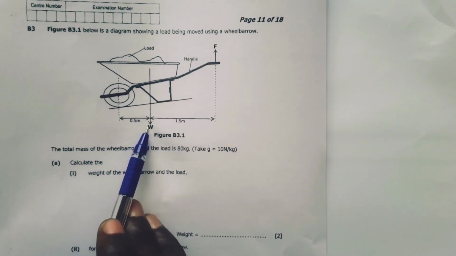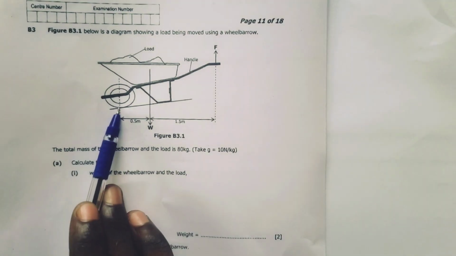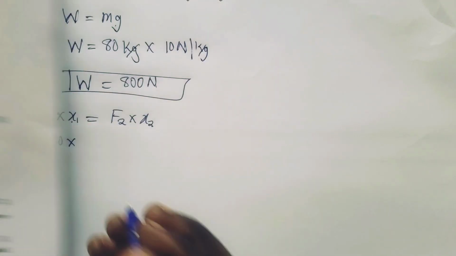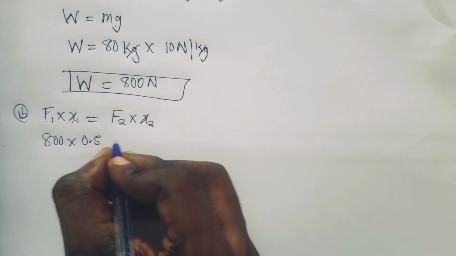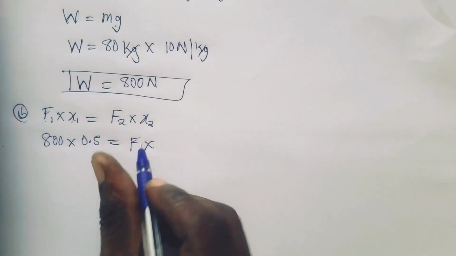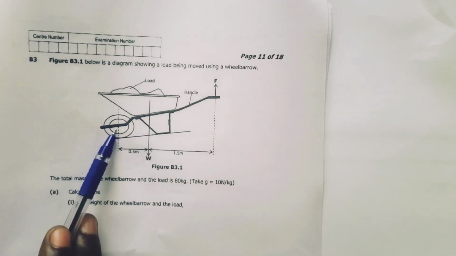The distance 1 is the distance from the weight to the pivot, to the center. We always take reference from here. So this is the distance 1, which is 0.5. Then force 2 is now the force we are calculating, F. So F multiplied by distance 2, which is the distance from where F is to the pivot.